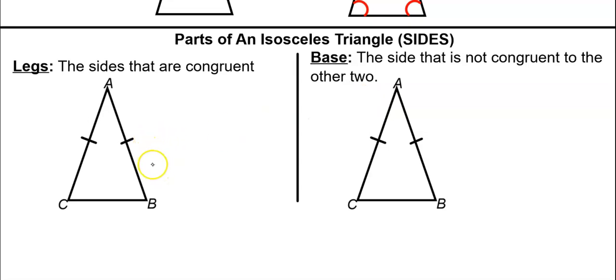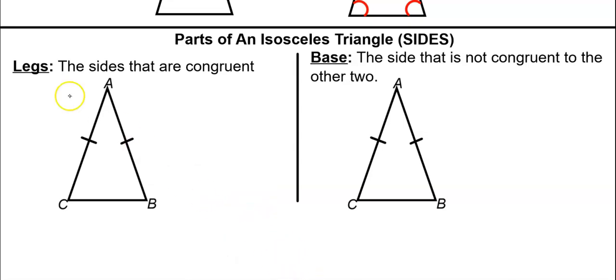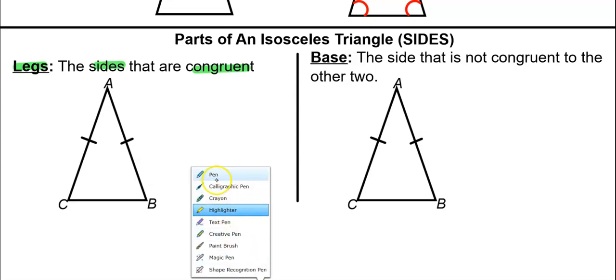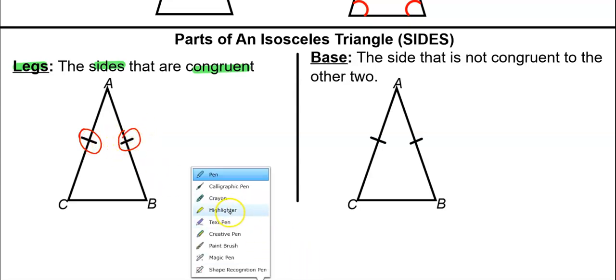Remember, an isosceles triangle is a triangle with at least two congruent sides. Alrighty, so the legs are the sides that are congruent. So in an isosceles triangle, the legs are the sides that are congruent. When I mark them, those are my congruence ticks.